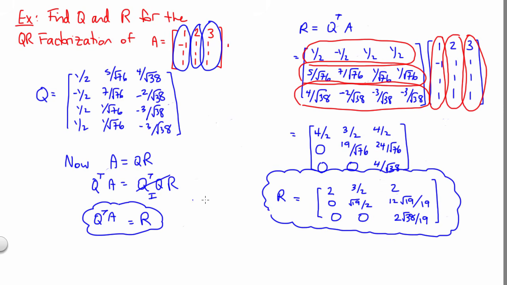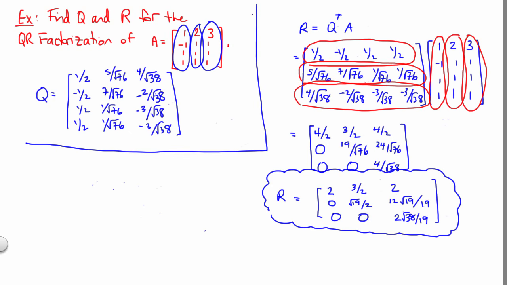And the very last thing we'll need to do is just simplify our matrix Q. So we can refer back to the matrix Q that we had written down earlier in the problem, and we now just need to simplify this for our final answer. First column looks fine as is.